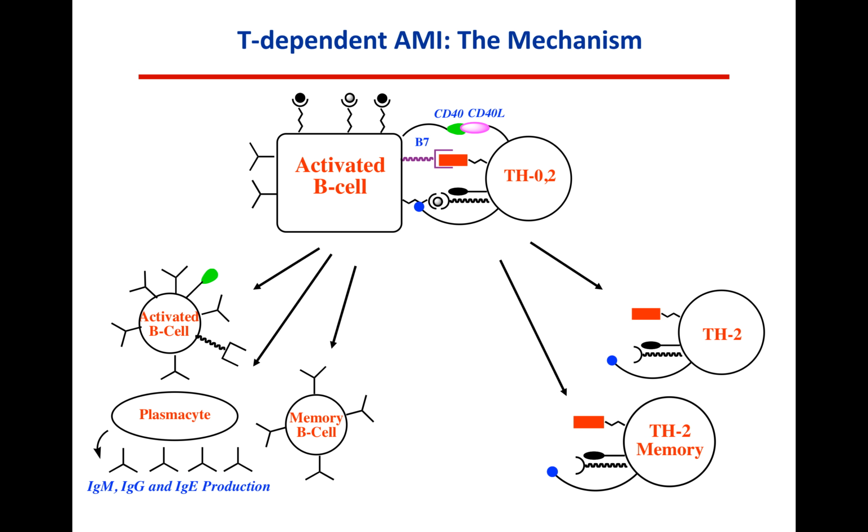So you get this expansion of the whole system in which activated B cells, memory cells, and plasmacytes are expanded. What I mean by expanded is that more of those cells are being produced. You also get the expansion of the T cells, more T helper memory cells.